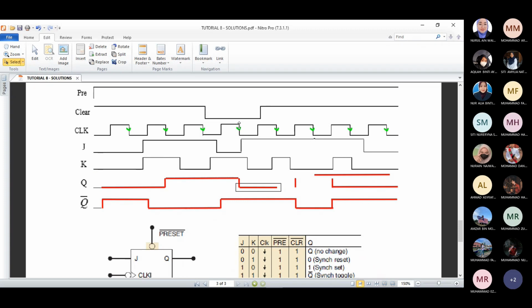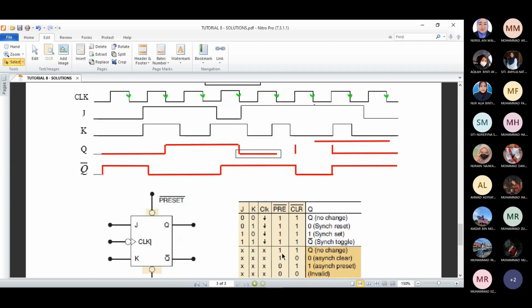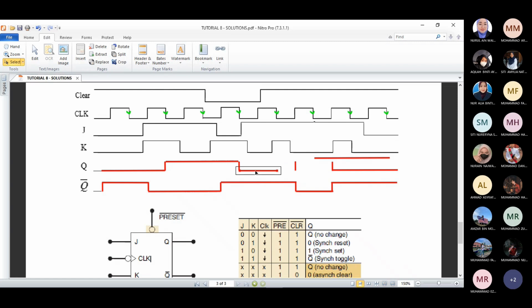Okay. So this part here, this 4th clock until 5th clock, dia akan jadi kosong. Sebab apa? Pada di sini, preset dengan clear dia adalah 1 0. When preset is 1, clear is 0, kita tengok bawah ni, it doesn't matter apa sahaja input J and K, dia terus akan jadi kosong. So kita akan jadikan dia kosong lah.